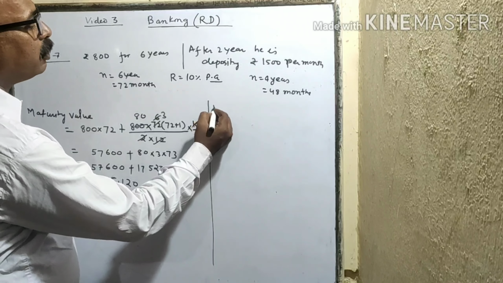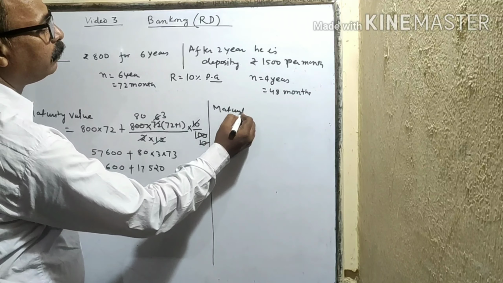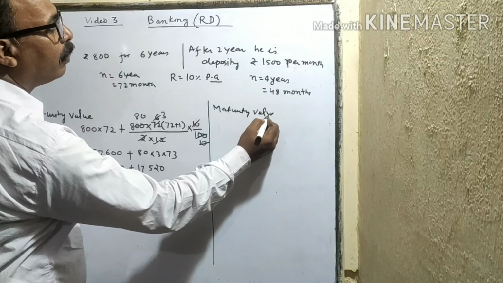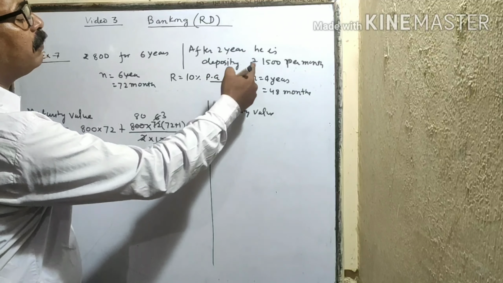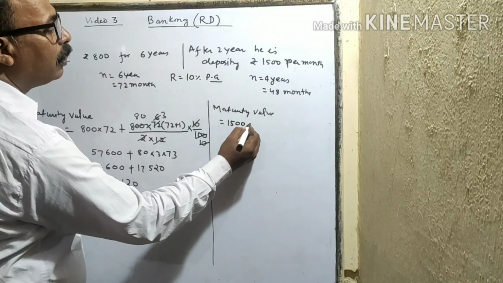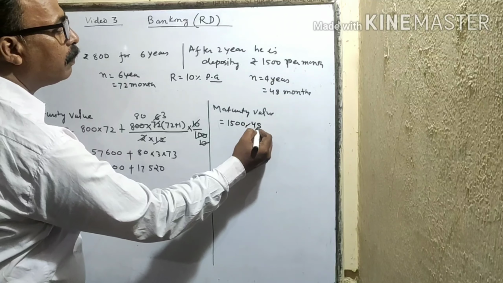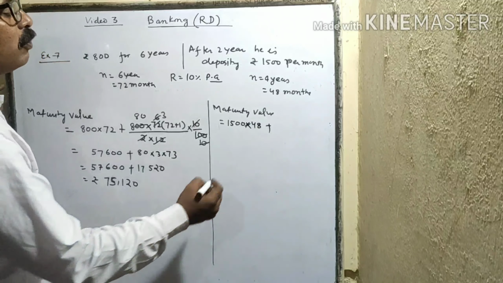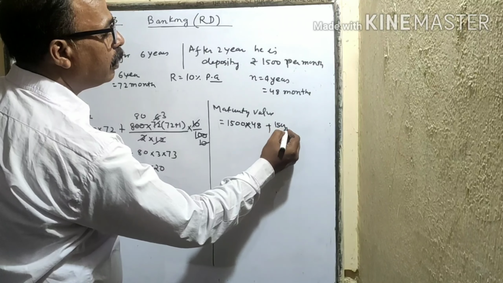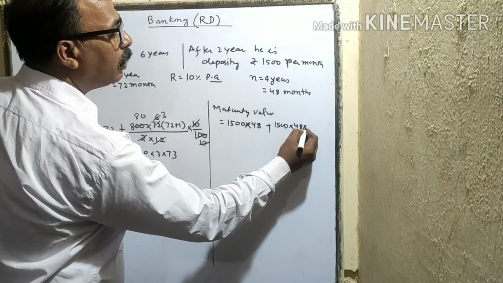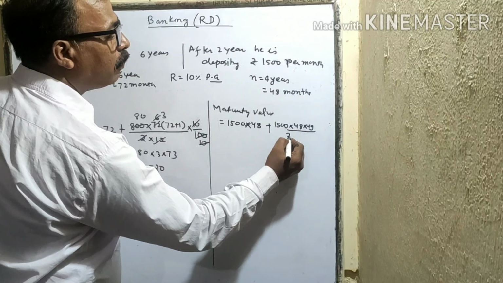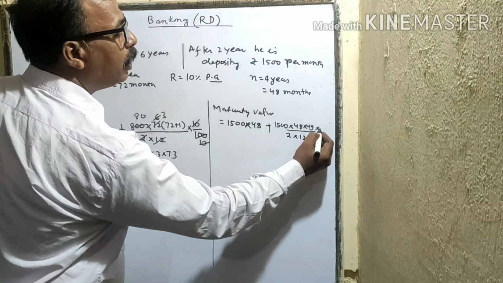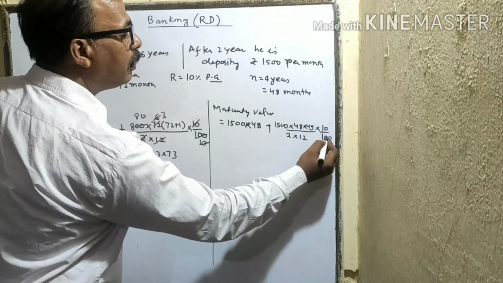So in this case maturity value will be, money is how much? 1500. It is deposited for 48 months plus interest on it. So 1500 into 48 into 49 by 2 into 12 into rate of interest again 10 by 100.